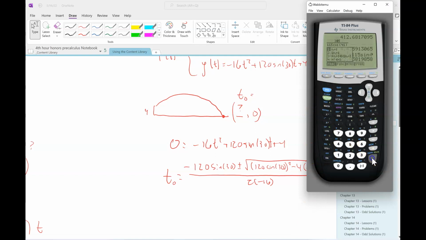Alpha y equals, fraction command, negative 120 sine 30, close my parenthesis. Can't do a plus or minus, so I'll just have to do them separately. We'll do the plus first. Parenthesis 120 sine 30 squared minus 4 times negative 16 times 4, divided by 2 times negative 16.